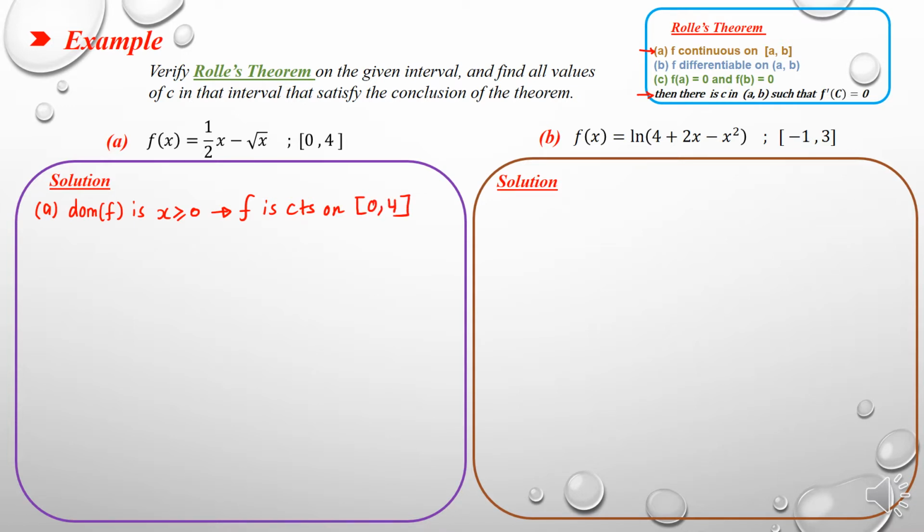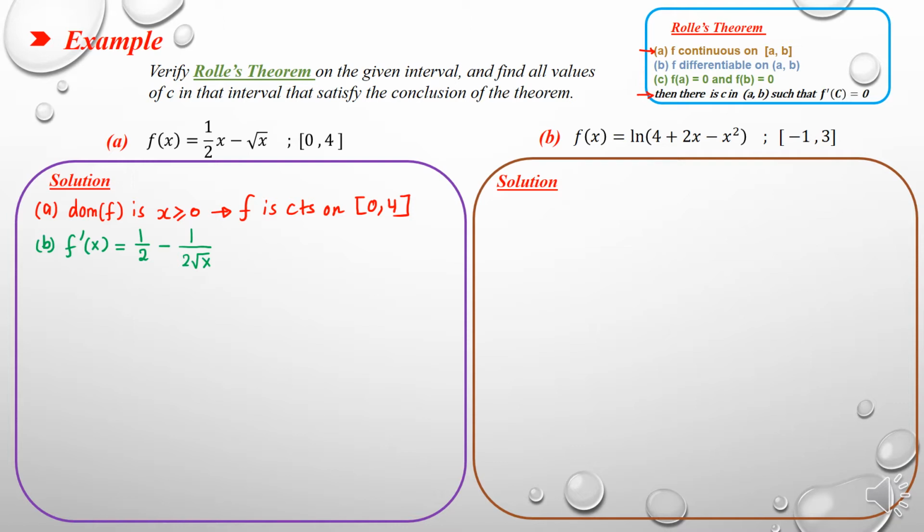Now for the second condition, you have to check if f is differentiable on the open interval (a, b). So you have to find the first derivative of this function. So in part B you start by finding f'(x), and f'(x) equals 1/2 minus 1/(2 square root of x). So what is the domain of the function f'?